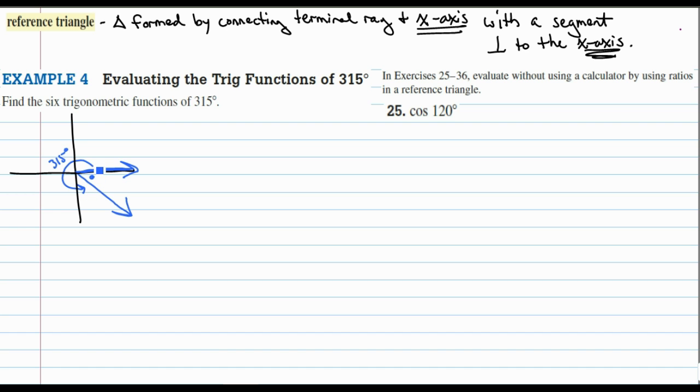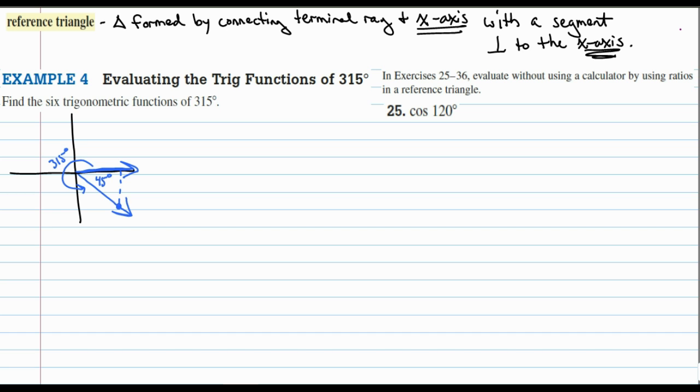Now remember, when we were figuring out where to put our terminal ray for 315 degrees, we discovered that this inside angle had 45 degrees left over. So this is 45 degrees. I can use the sine, cosine, tangent, secant, cosecant, and cotangent of 45 degrees to help me find those of 315 degrees.